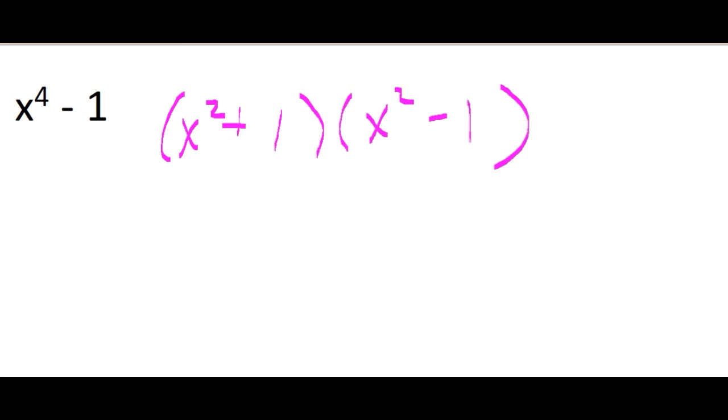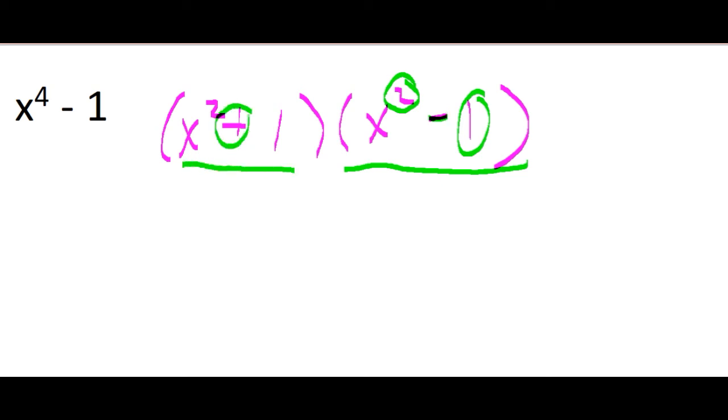So, is this the final answer? Pwede, kaya lang ang problema, we can still factor this. Bakit? Kasi, this one is square, ito ay isang even number, perfect square siya. Ito, perfect square at minus. So, pwede ba natin itong i-factor ulit? While this term, dahil plus yung gitna niya, hindi na pwedeng i-factor. So, i-factor pa natin ito.